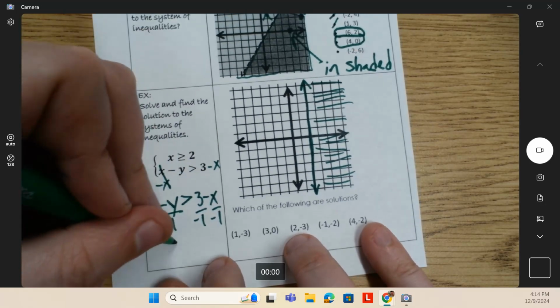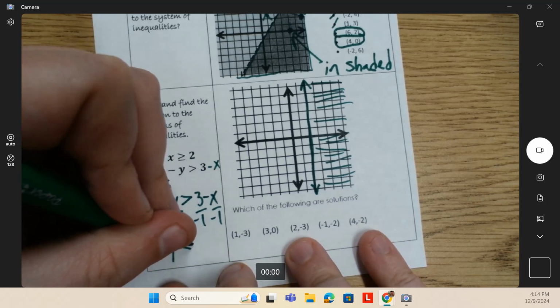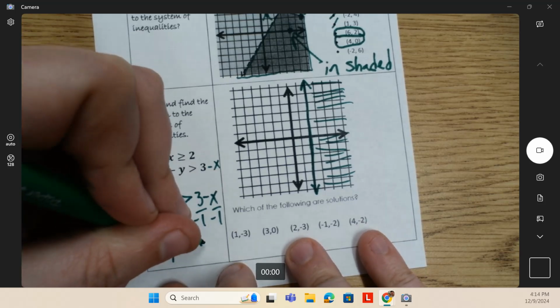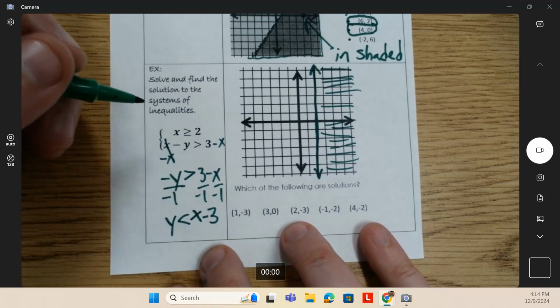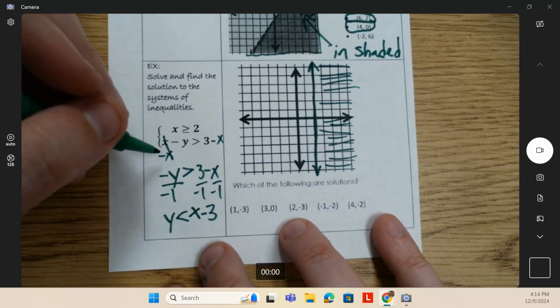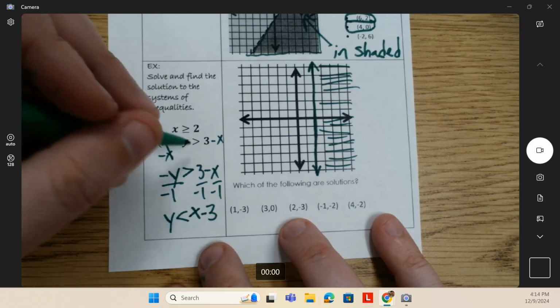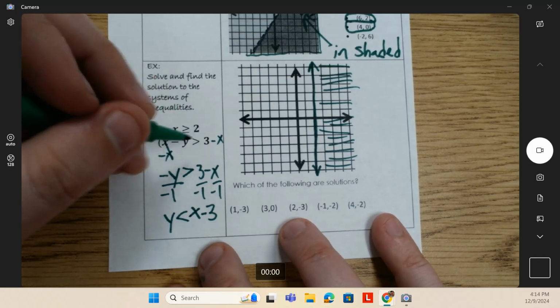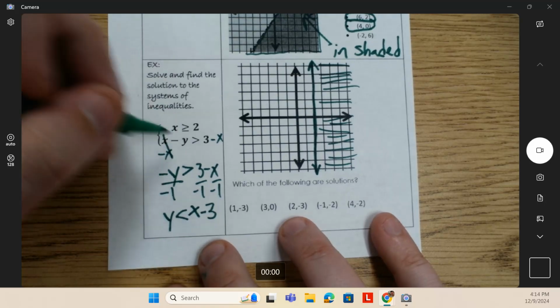So I'd have y is less than x minus 3. Okay, because I divided by negative 1, that would flip it around. We could also plug in a couple numbers for x and y. I normally use 0 for each, and find our x and y intercept. It's another way to graph the line without having to worry about flipping that around.